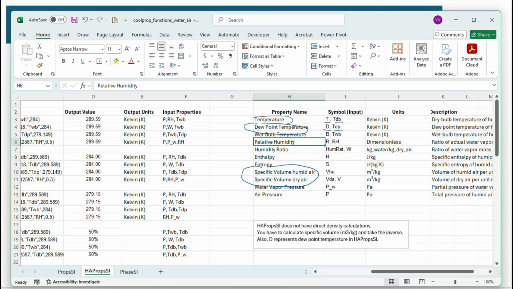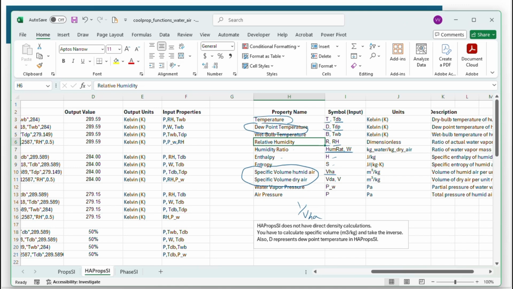Relative humidity can be represented by R or RH, capital R or RH. Humidity ratio using these two symbols. Enthalpy is H, entropy is S. So this is confusing. Specific volume is in VHA and VDA, and how you calculate density is by taking 1 over the specific volume value.